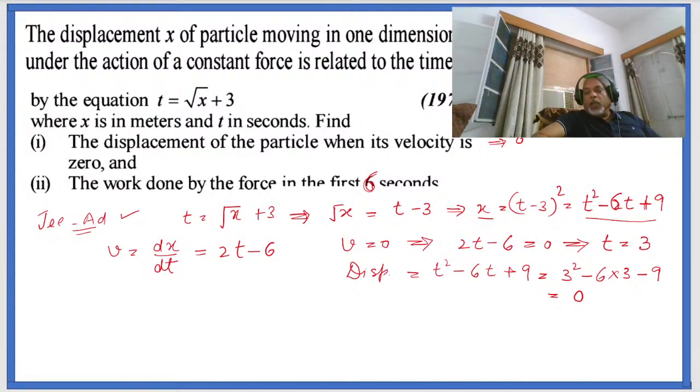Now second part is work done by the force in first 6 seconds. Correct? So for work done, we have to find the acceleration. Acceleration is what? dv upon dt, or here v is equal to 2t minus 6, so it will be equal to 2. 2 meter per second square is basically the acceleration.